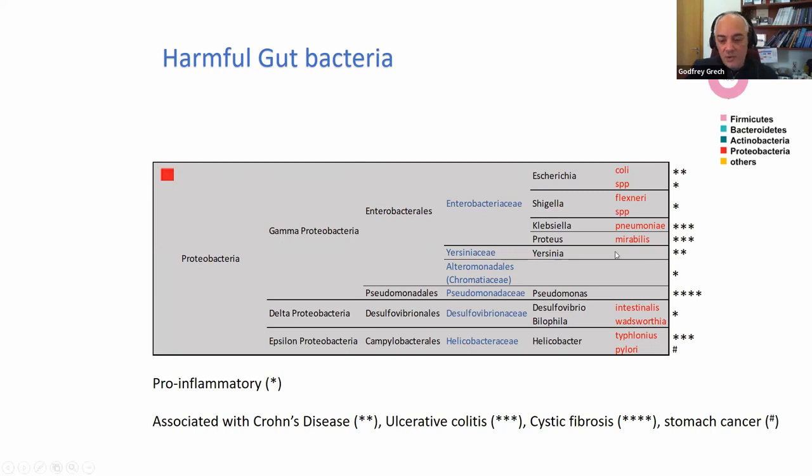Okay, and we know of these bacteria when these bacteria take over the balance. So they will increase at the detriment of the beneficial ones. Okay, then you would have disease. So inflammatory bowel disease, like Crohn's and ulcerative colitis, is a result of increased amounts of these proteobacteria, as are cystic fibrosis, and also the very well-known Helicobacter pylori, which is associated with stomach cancer.